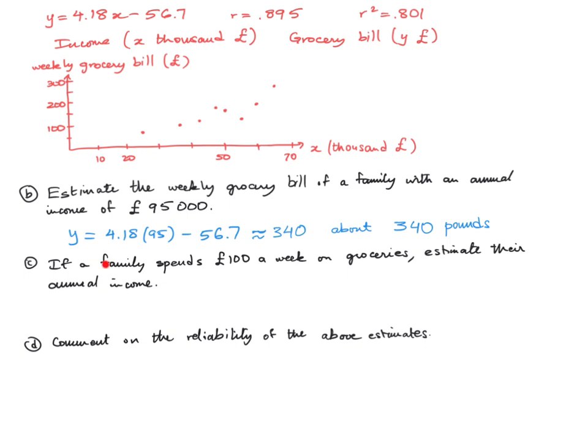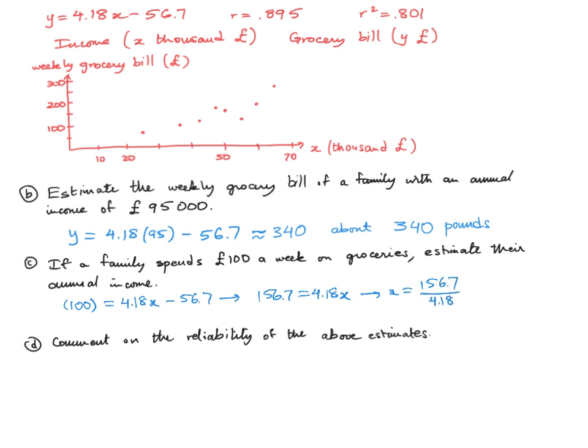Now it says if a family spends 100 pounds a week on groceries, estimate their annual income. So 100 pounds a week is the Y, so I'm going to plug Y equals 100 and try to solve for X. So I have 100 equals 4.18X minus 56.7. So I can add 56.7, 156.7 equals 4.18X. So X is now going to be 156.7 over 4.18.